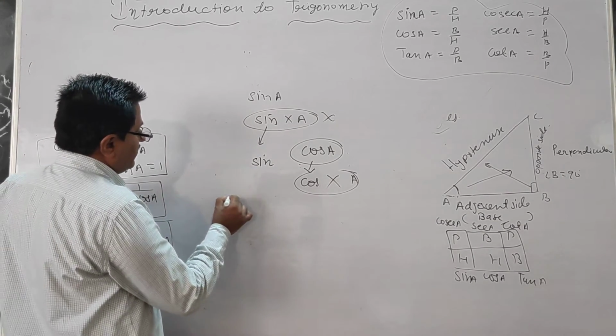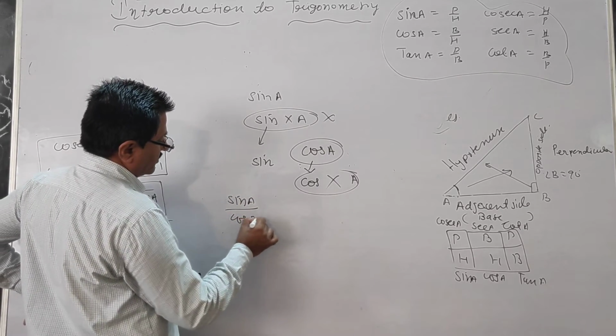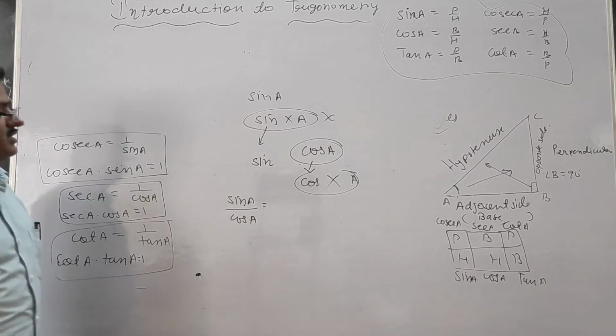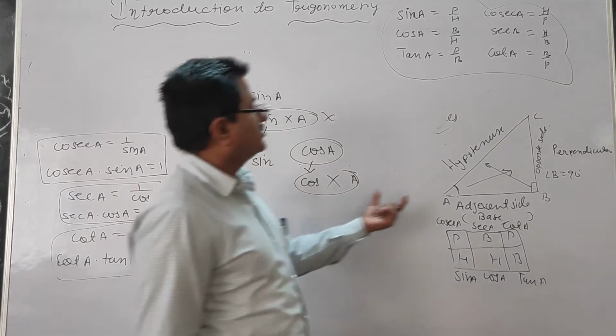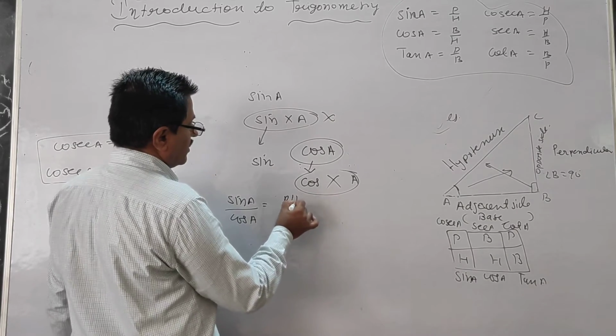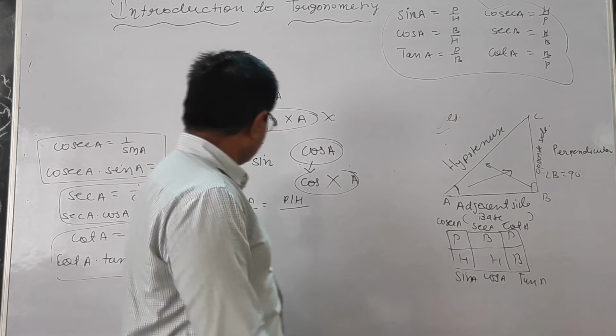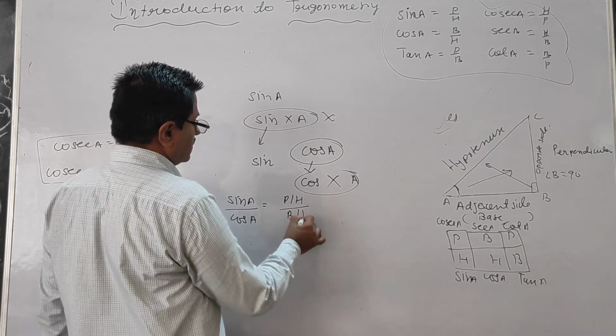Suppose you divide sine A by cos A, from the figure. Sine A is the ratio of perpendicular upon hypotenuse, and cos A is base upon hypotenuse.